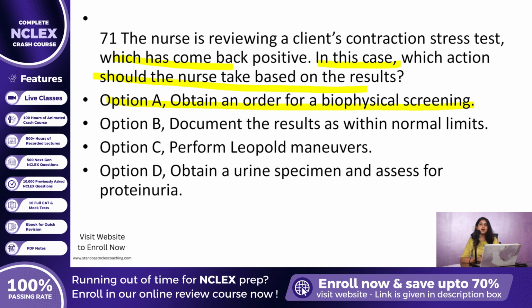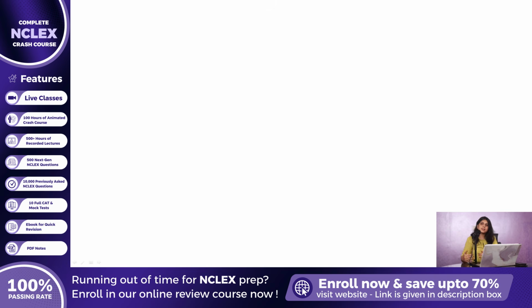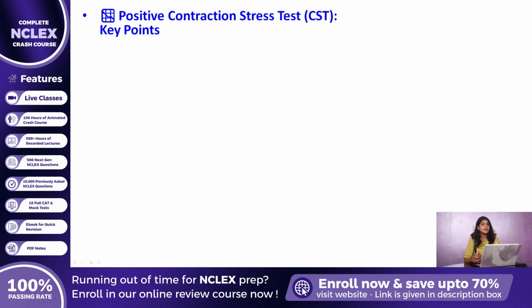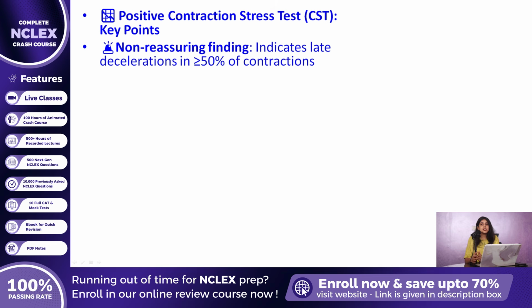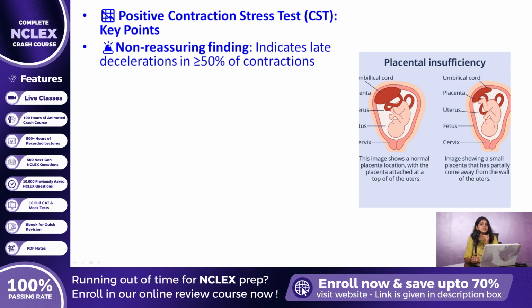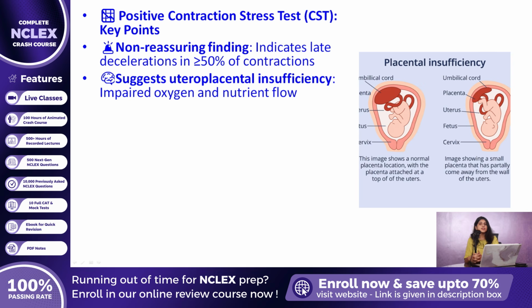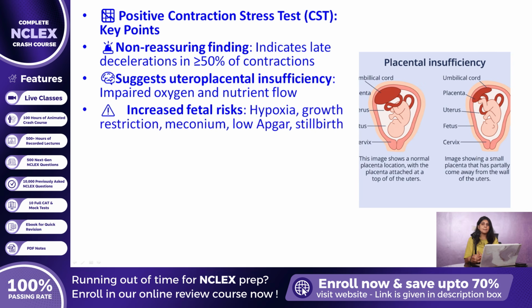Here's the rationale. A positive contraction stress test is considered a non-reassuring finding. It means that late decelerations were observed in at least 50% of the contractions, which strongly suggests uteroplacental insufficiency. This condition increases the risk of fetal hypoxia, growth restriction, meconium-stained fluid, low APGAR scores, and even stillbirth if not addressed promptly.